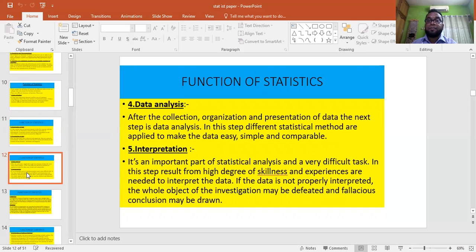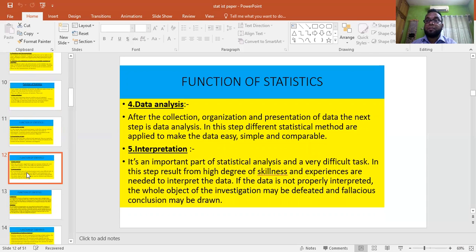Then data analysis. After the collection, organization, and presentation of data, the next step is data analysis. In this step, different statistical methods are applied to make the data easy, simple, and comparable.